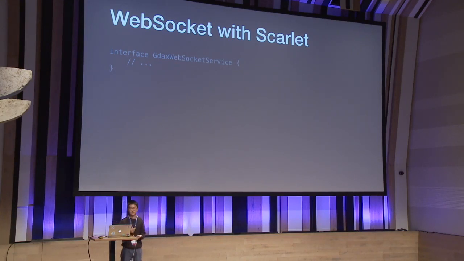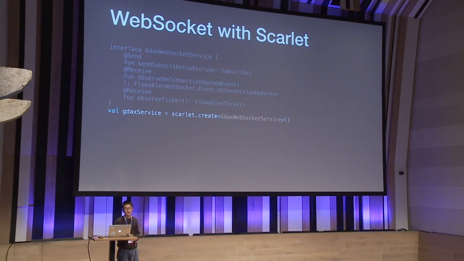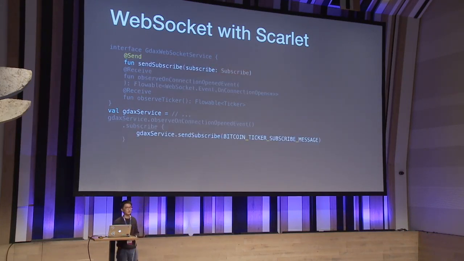So let's recap. To integrate the GDAX WebSocket API, we declare 3 methods. We then generate an implementation of this interface and add an event listener for the connection open event, and we send the subscribe message when the connection is open.